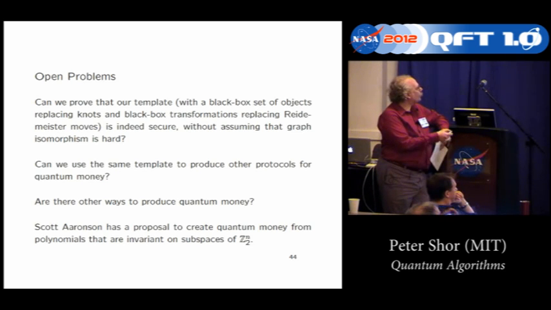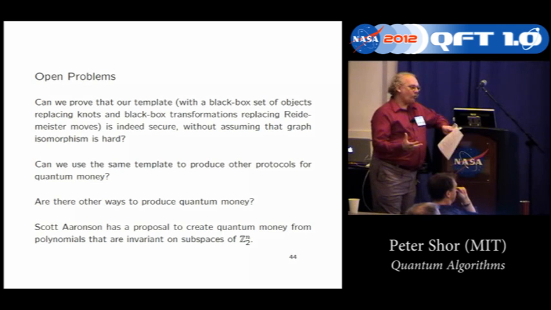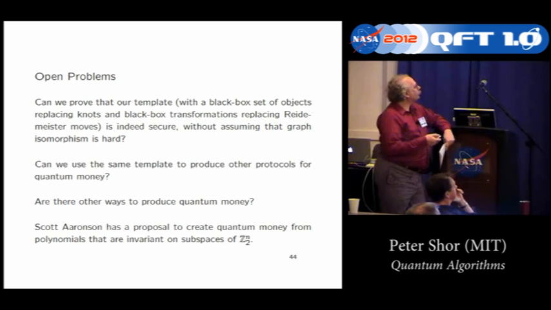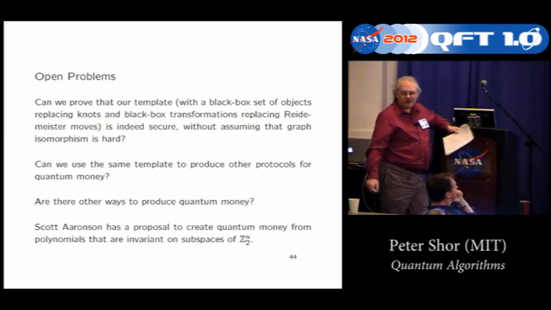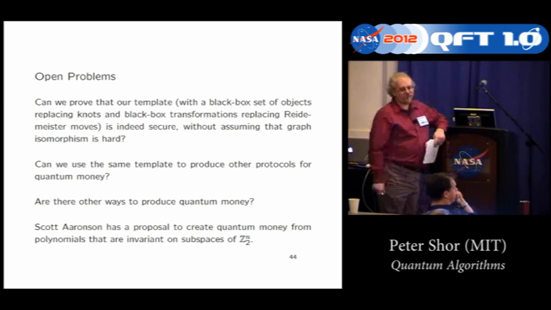So that's our proposed quantum money. Now, I'm going to skip ahead to open problems. So can we prove that our template, where we replace knots with some abstract set of objects and Reidemeister moves with black box transformations, is indeed secure, without assuming that graph isomorphism is hard?